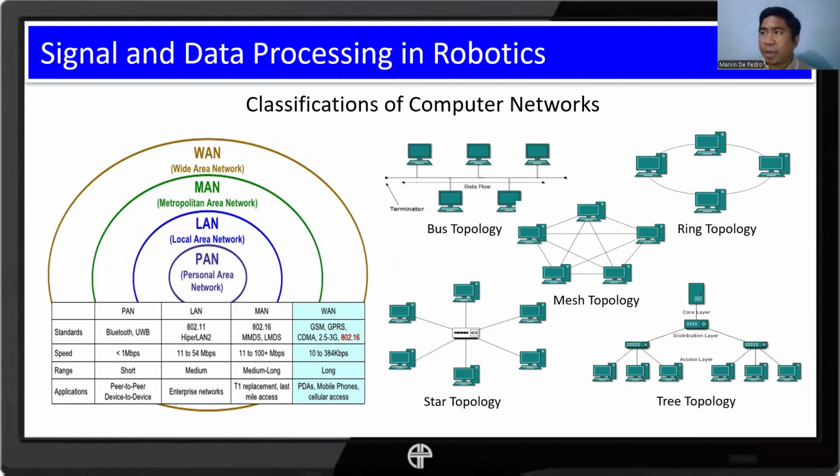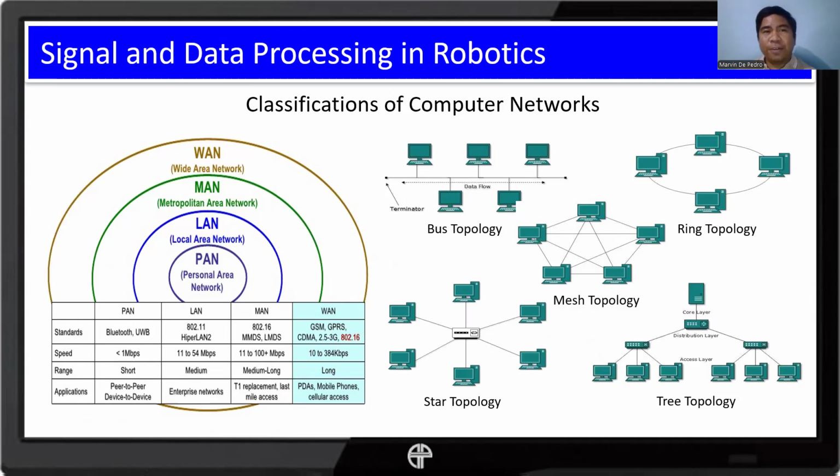So especially this is in the case of self-driving cars, okay, or robotic cars. The robotic cars can communicate with one another or with their server through the MAN, wireless MAN, and especially using 5G and other similar wireless technologies.